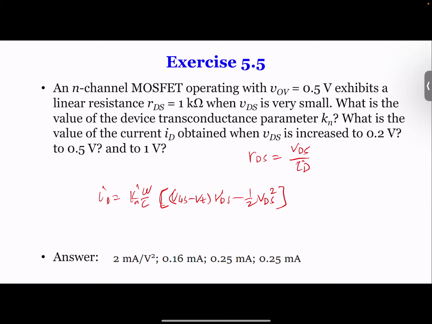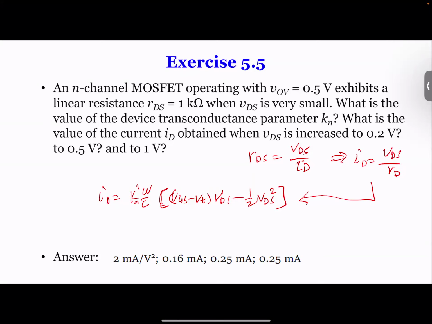Now, if RDS is given, you can find that ID equals VDS over RDS. So you can find ID by this equation. Then you plug this equation back to here. On this side you have VDS, and with that equation you got ID, right?